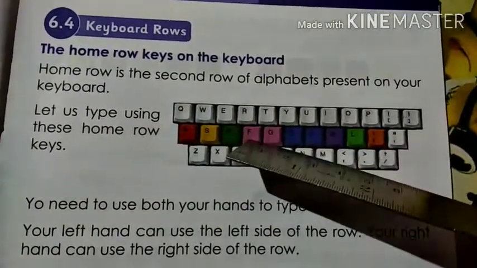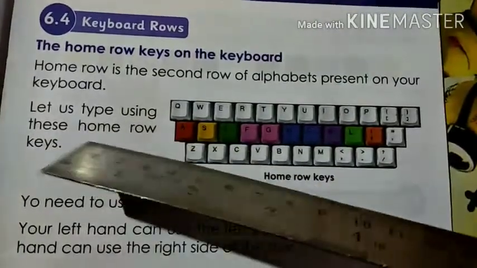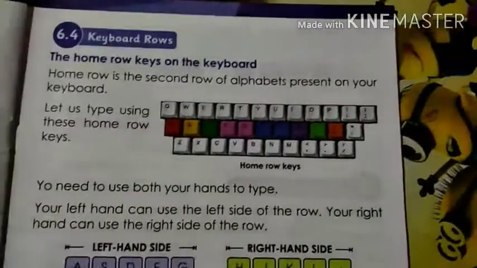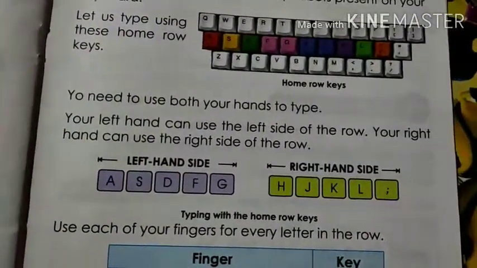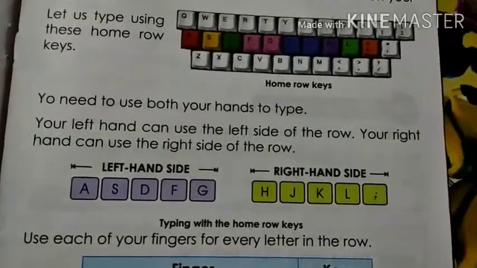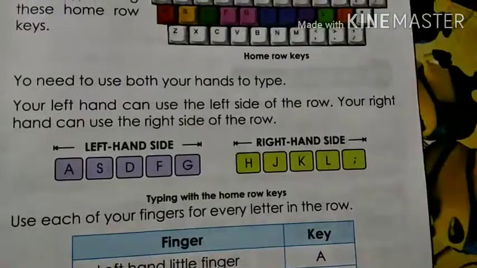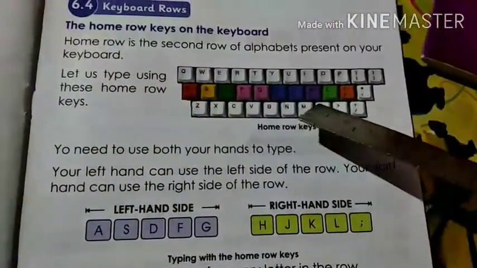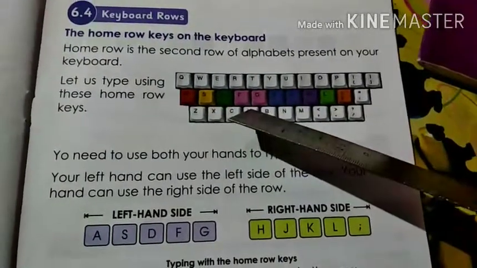Let us type using these home row keys. You need to use both hands to type. Your left hand can use the left side of the row, and your right hand can use the right side of the row. The highlighted colored row is the home row.